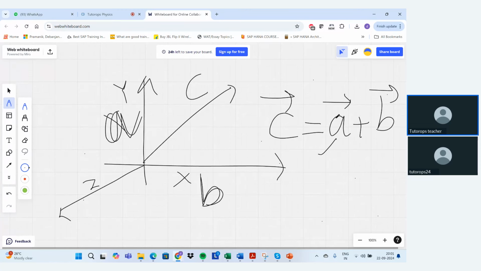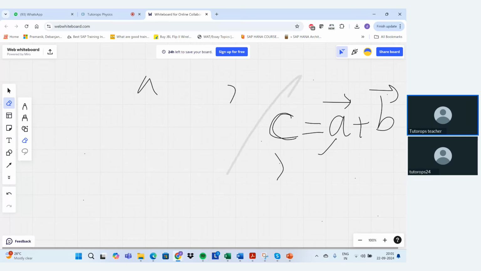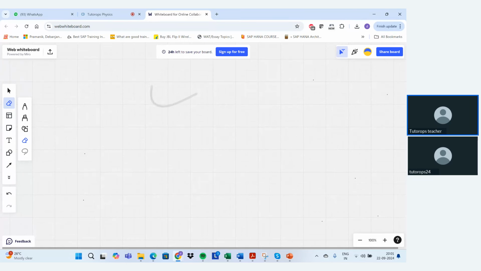Any vector, you have to write with this symbol. And accordingly, whatever the components you have to write, and whatever the resultant vector is, that will be the resultant vector coming over here. Okay, I think this is fine. Now we will come to each and every property. So one is equality of vectors. Equality of vectors means what?